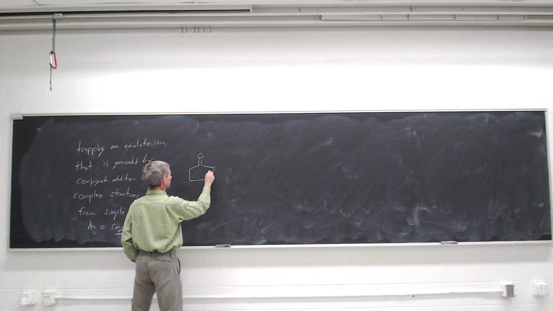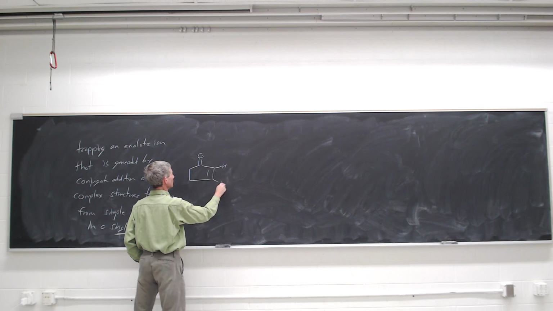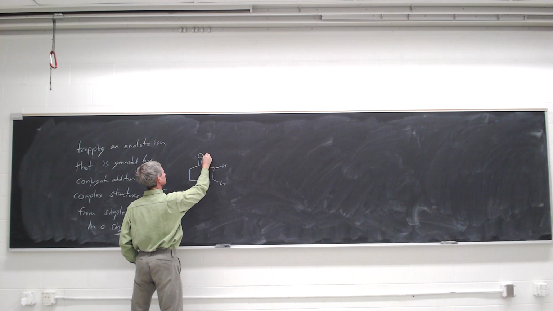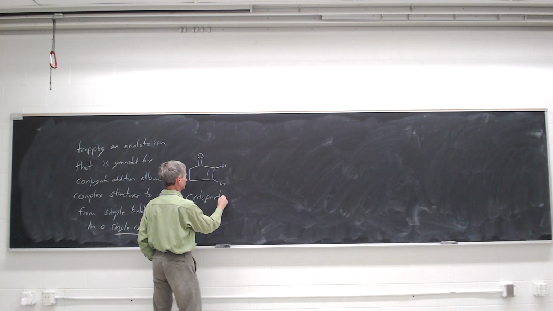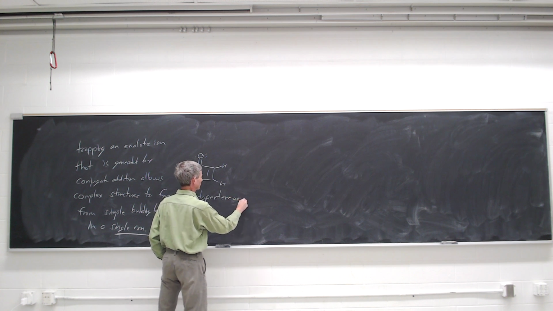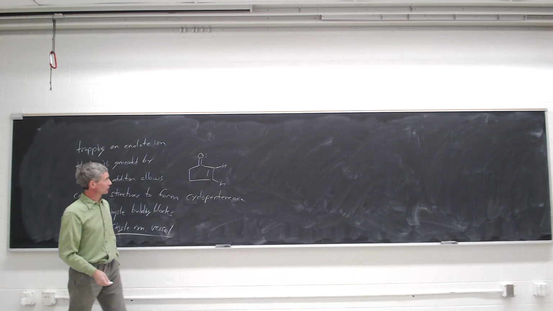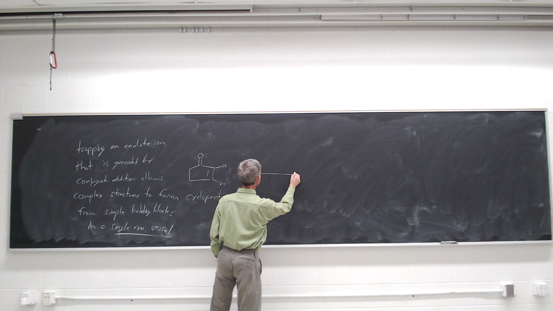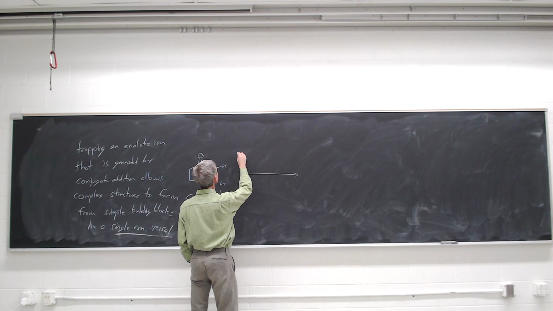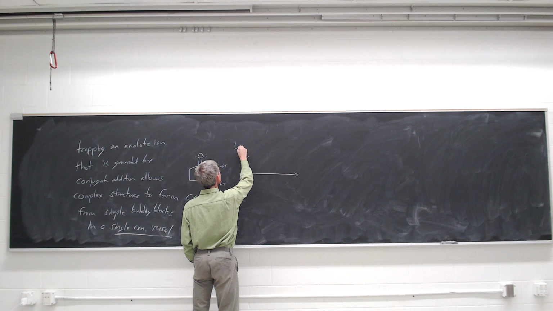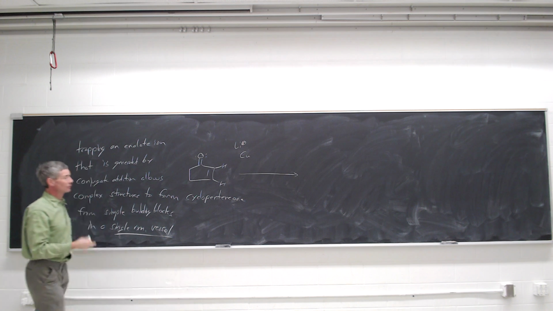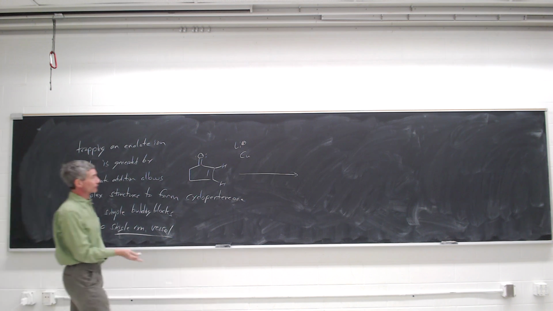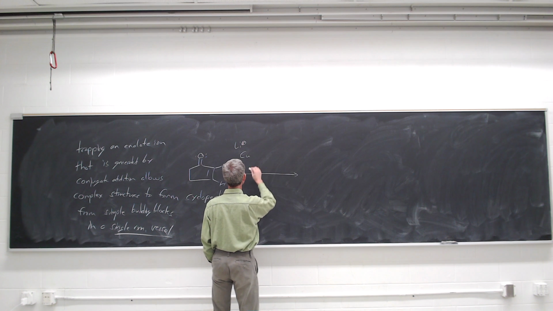So for example, if we start with cyclopentene, react this first with a cuprate reagent. And we can attach very large molecules to that cuprate reagent if we want to.